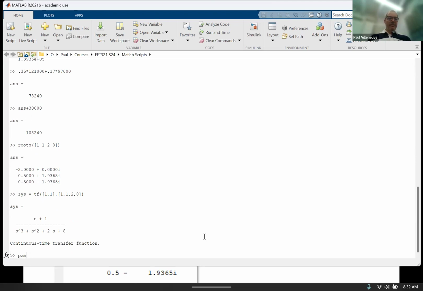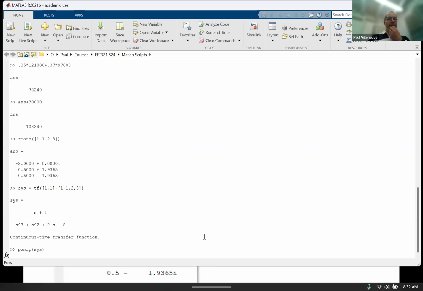Remember the function pzmap, pole-zero map? Let's check and see if that's what we end up getting, if it wakes up.